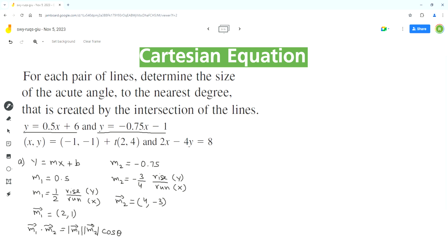Now we can use the vectors. For the magnitude of the vectors, we should square the components, add them, and apply square root to the sum.